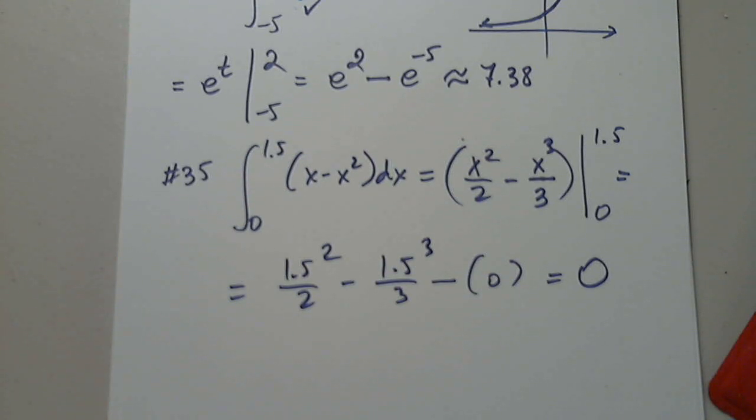To me, this appeared to be a little bit bigger, but okay. So from 0 to 1.5, it was all an illusion, I guess. X minus x squared. Remember, you plug in the function here, not the antiderivative.